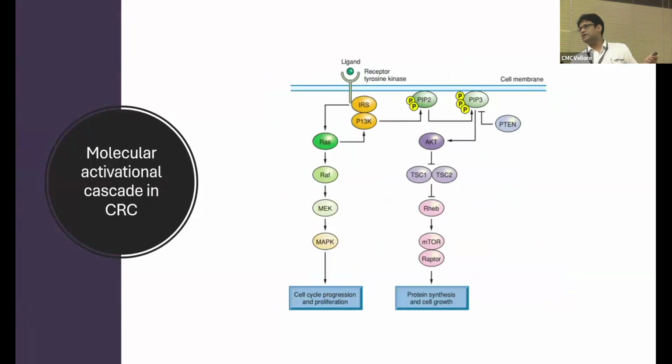That's the ligand, the green thing here, which has to come and bind to the receptor. Then the receptor will activate all these pathways: the RAS protein, then the RAF protein, and so on, and finally it gives a signal for the cell to replicate. Got it? This is how normal cell signaling within the colon epithelium happens.